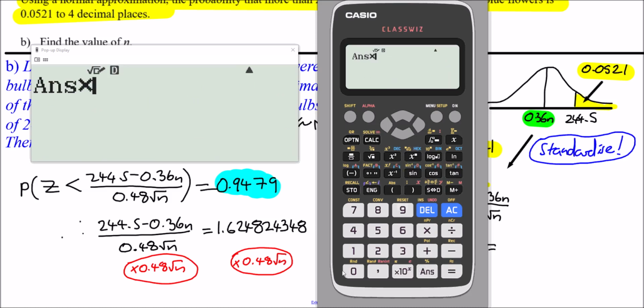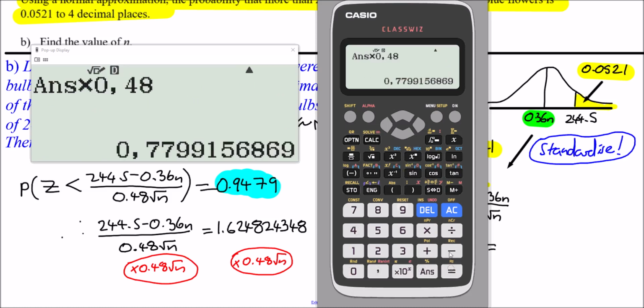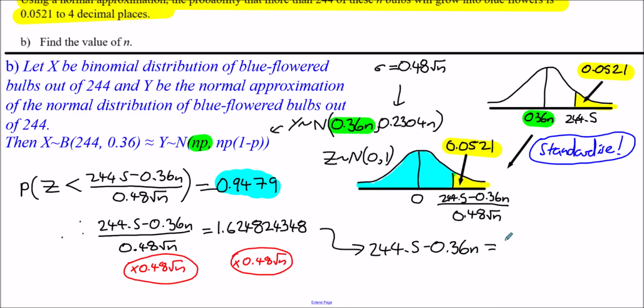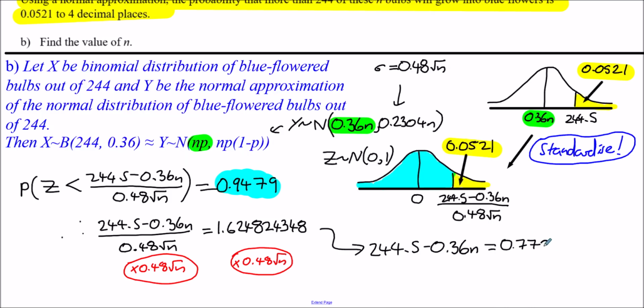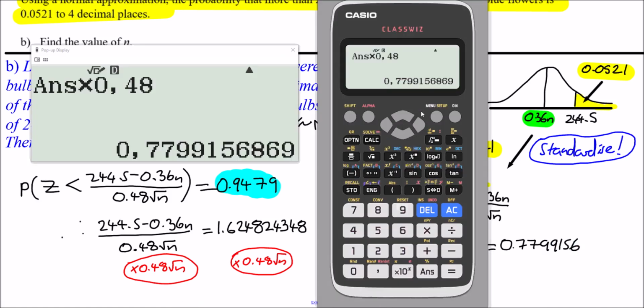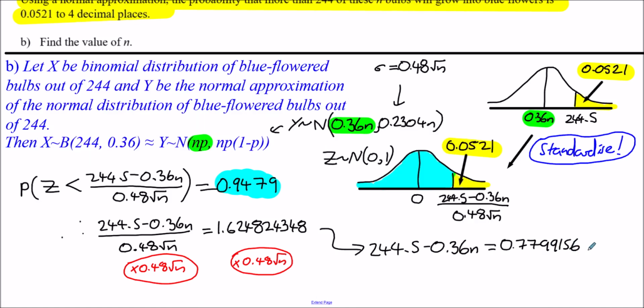So times that by 0.48, I get this 0.779916 business. Horrible numbers.